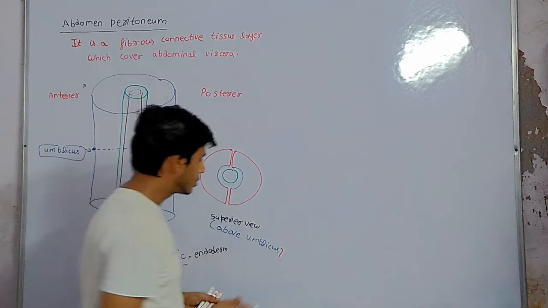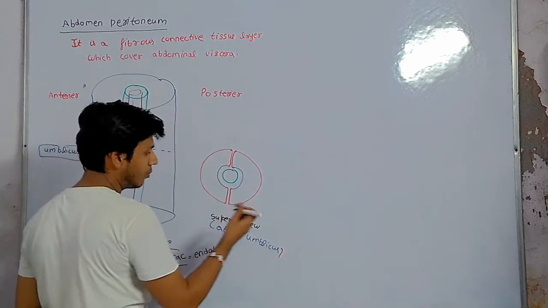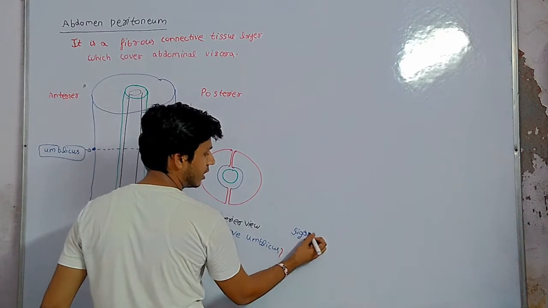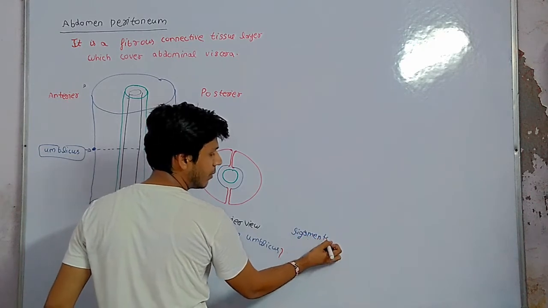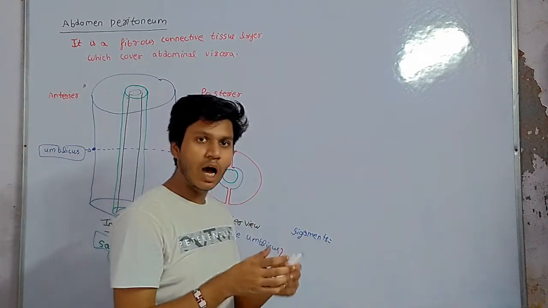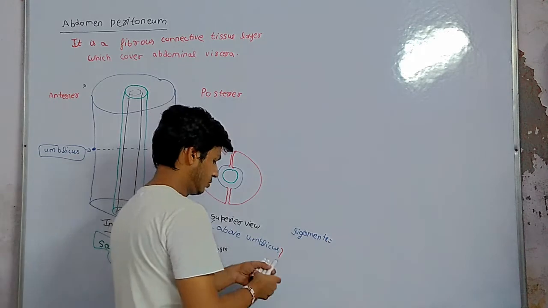Now we use the term ligaments. This is an important term. What is a ligament? These ligaments are not like the fibrous ligaments which connect bone to bone. These are different ligaments.